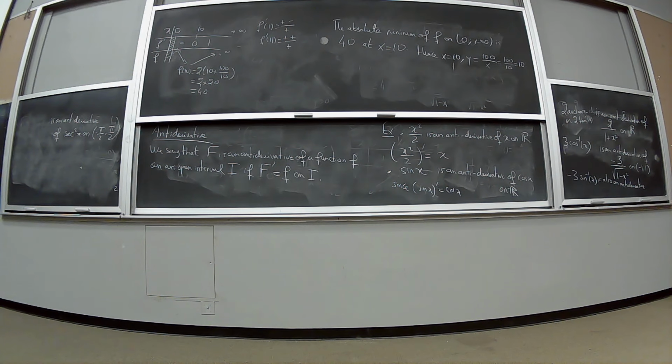What's an antiderivative of secant squared on minus pi by 2, pi by 2? Please raise your hands. Yes, sir? Tan x. Tan x, right? What's the derivative of tan x? Secant squared, right?